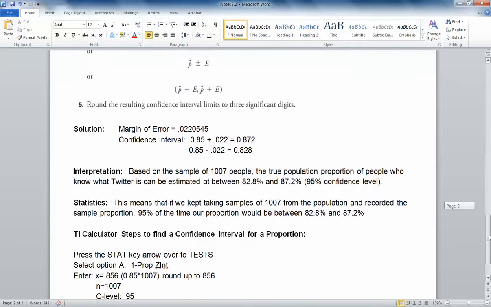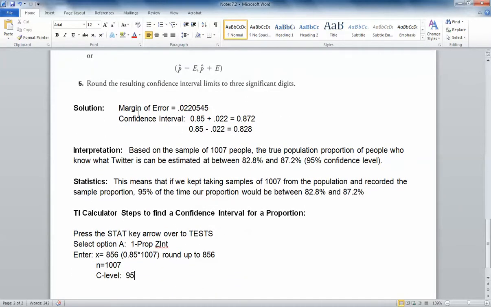So as the solution to that, if you look in the textbook, the margin of error for this case was 0.0220545. To construct the confidence interval, we take our sample proportion 0.85 and add that value. We get 0.872. We take the sample proportion and subtract our margin of error. We get 0.828.